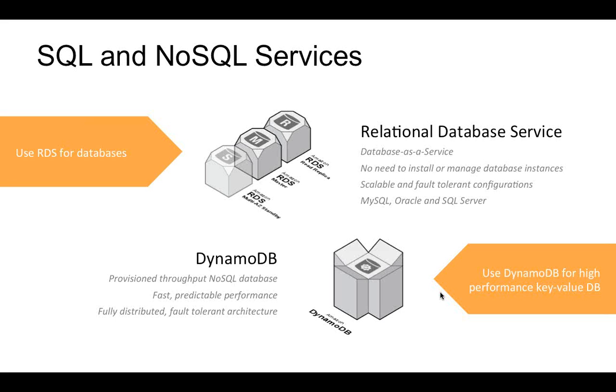But then, there's another type of databases called NoSQL. And here we have the Amazon DynamoDB. The really interesting thing about DynamoDB is that it gives you predictable performance. It gives you sub 10 millisecond response times for reads and writes. So suddenly, with the DynamoDB, if you're able to use a key value store, your bottleneck is no longer the data tier.